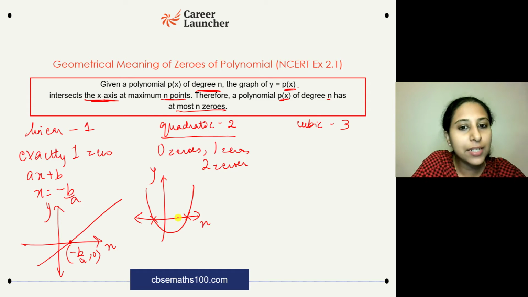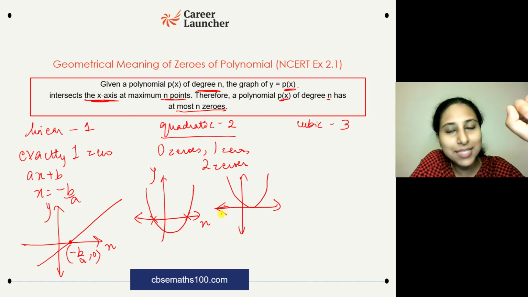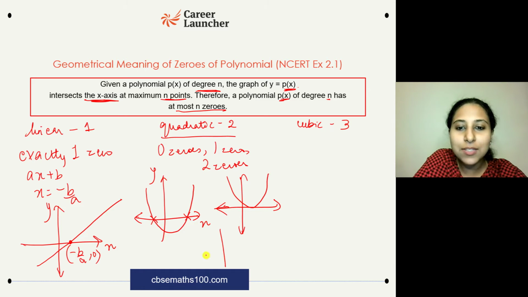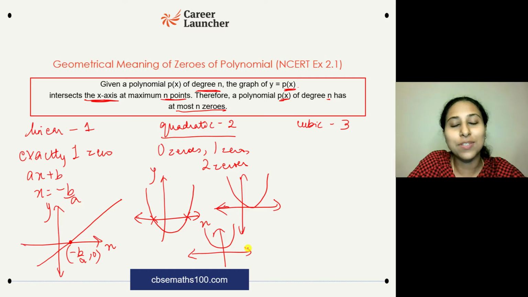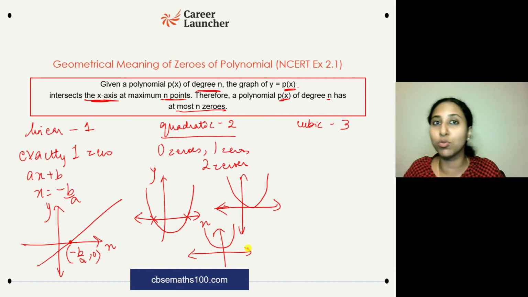If it intersects at exactly 2 points, that means it has 2 zeros. There is a possibility that it may intersect only at 1 point. So it could be like this, which means it has 1 zero. And it is also possible that the quadratic may not intersect at all. It may just go above the x-axis like this, in which case we say there are 0 zeros. Important thing in this discussion is a quadratic can have maximum 2 zeros.